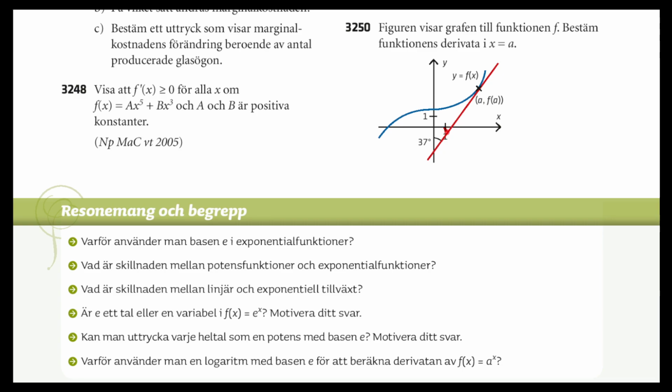When this angle is 53, this angle is also 53. So I calculate tangent of 53. Tangent of 53 is the slope of this red line on the one hand. On the other hand, this red line is tangent to the graph. So this becomes the derivative. Is that clear?